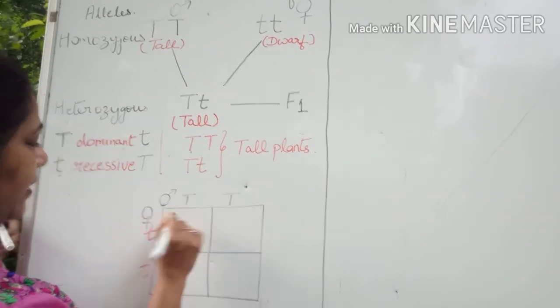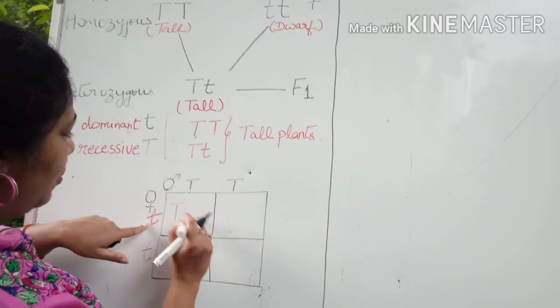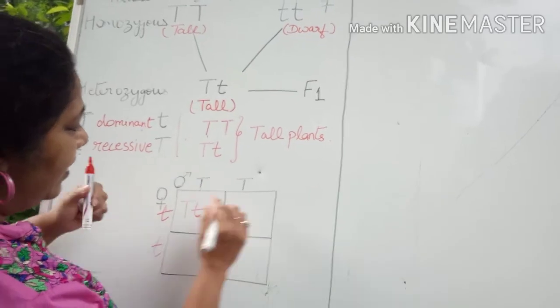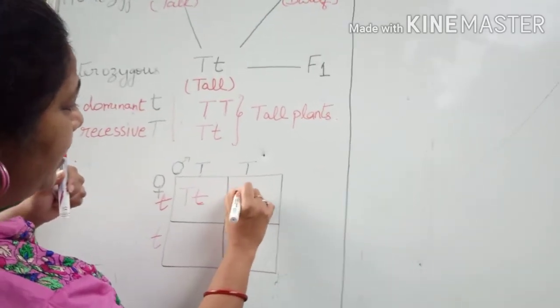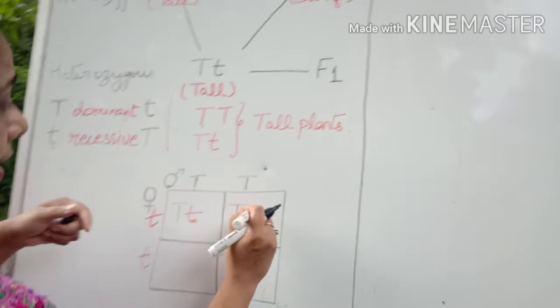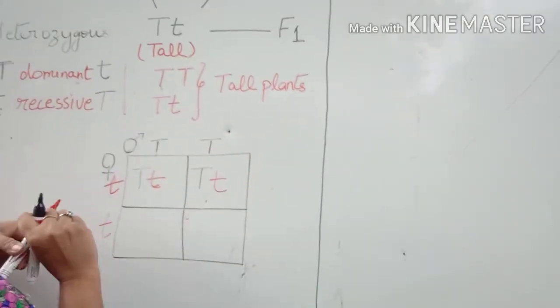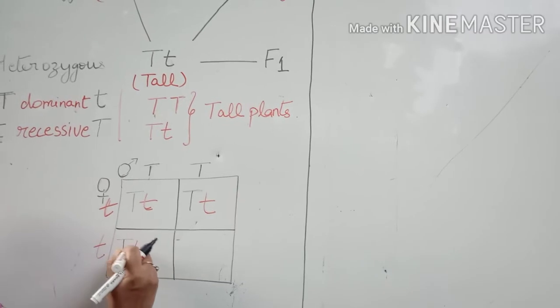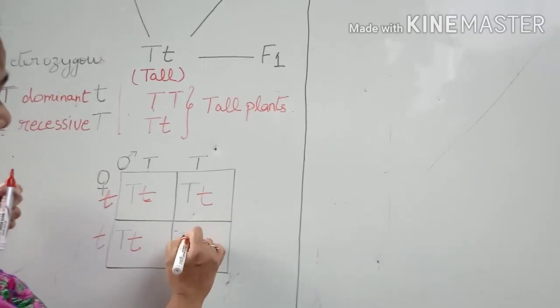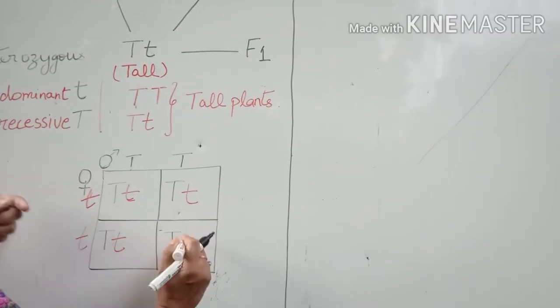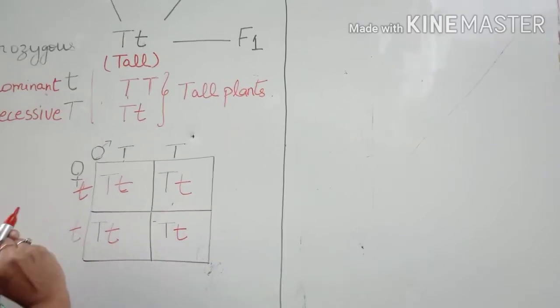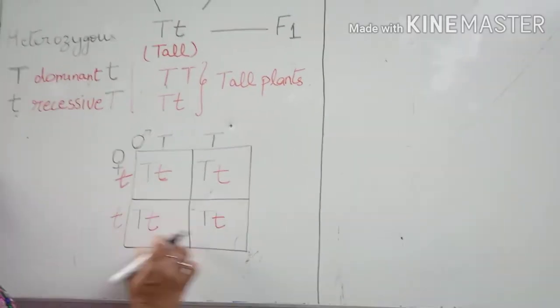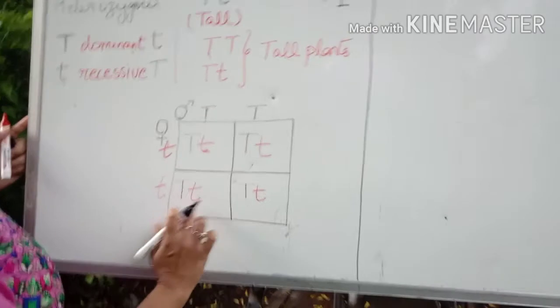Capital T along with this small t. In this box again we are going to get capital T and then small t. Here also we will get a capital T and a small t, and here also capital T and a small t. So what we are seeing, everywhere it is capital small.